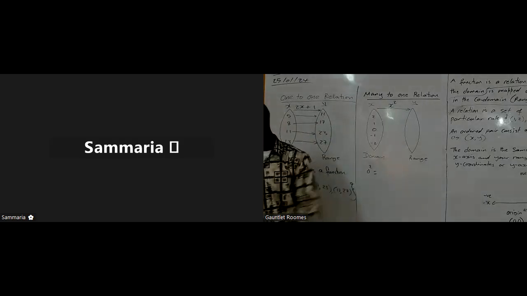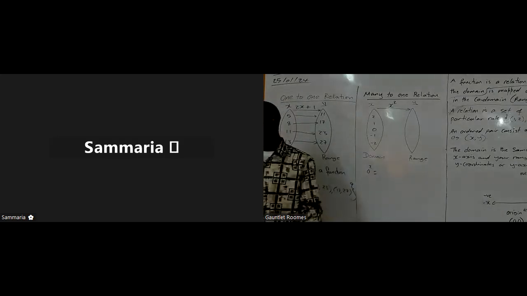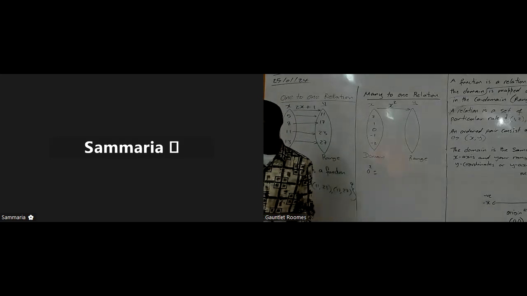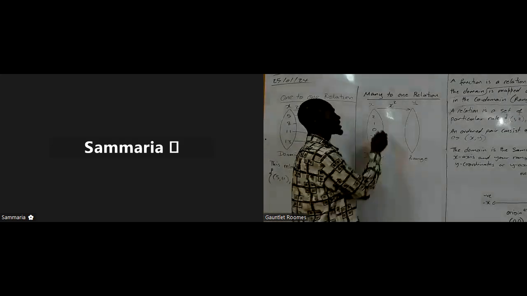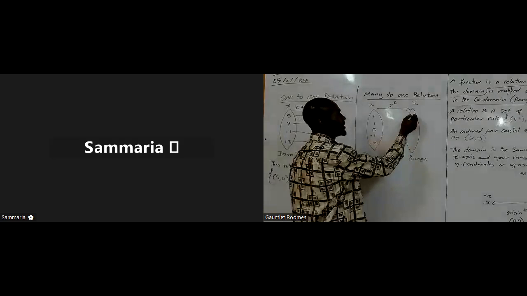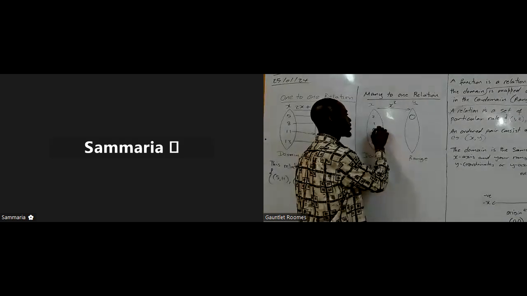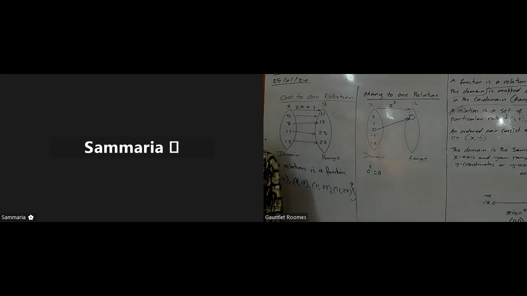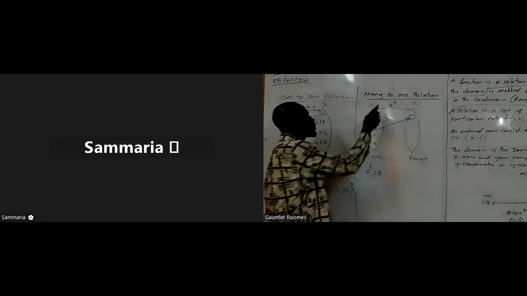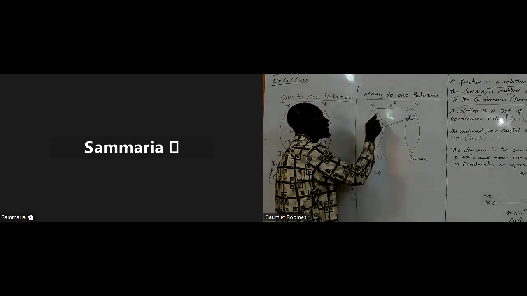So if we square 0, what result do we get? 0, exactly. 0 squared is 0. So it is clear that 0 maps onto 0. All right, let's plug in 1.